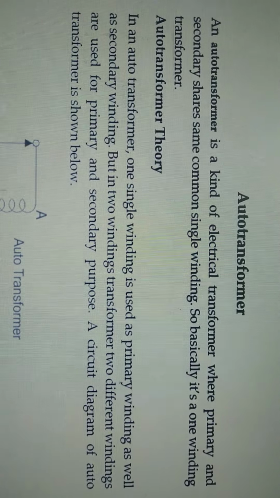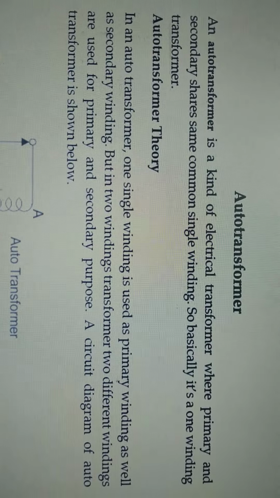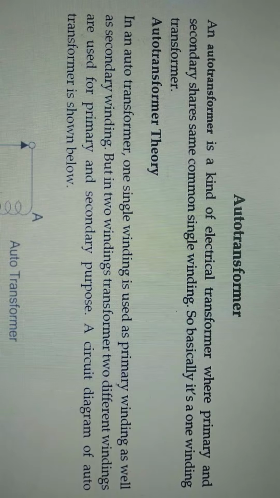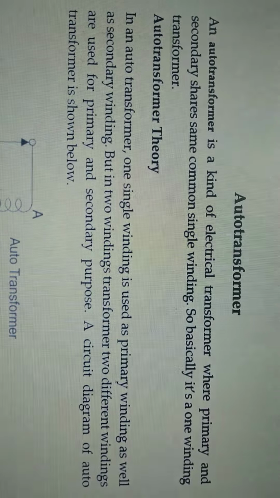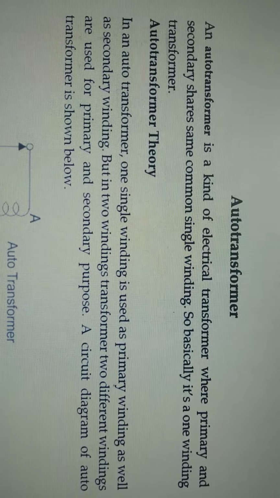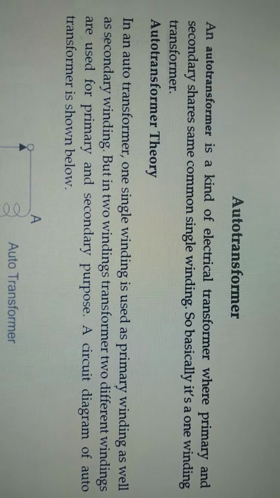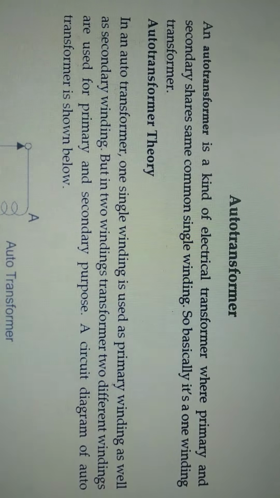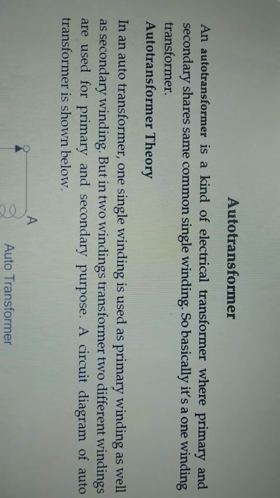One is induction mode, the second one is conduction mode. This is the advantage of auto transformer. It is also a kind of electrical transformer, but the primary winding and secondary winding share a common single winding. The other name for this auto transformer is one winding transformer.